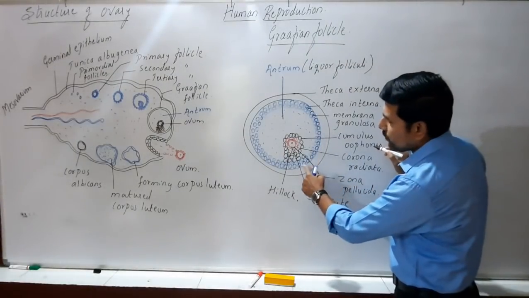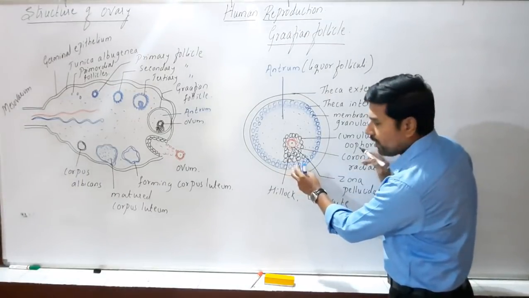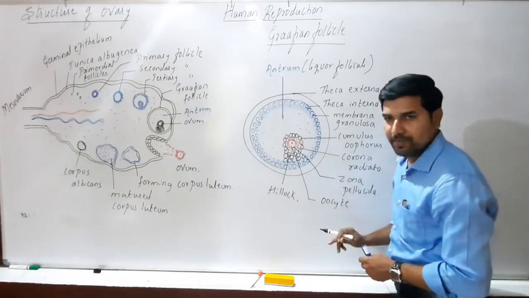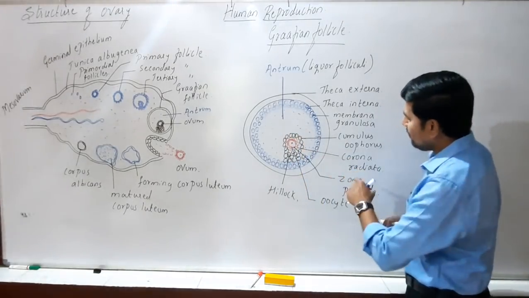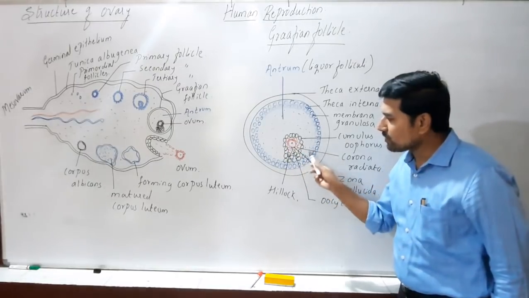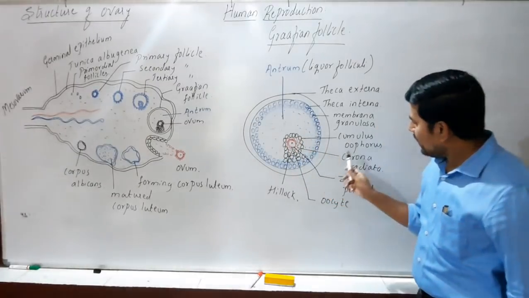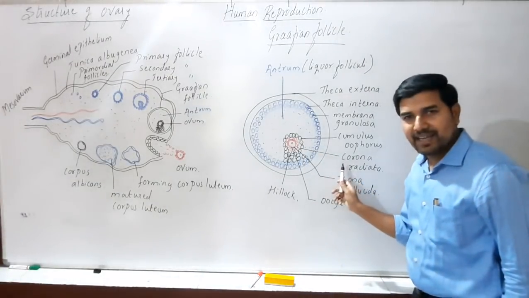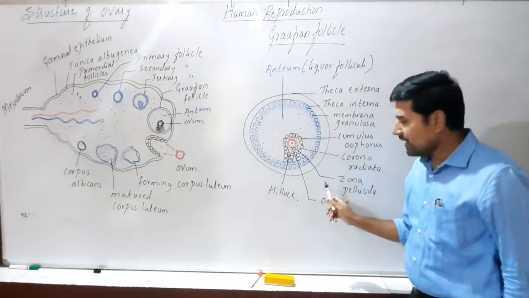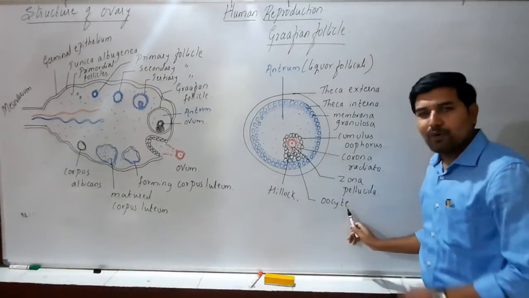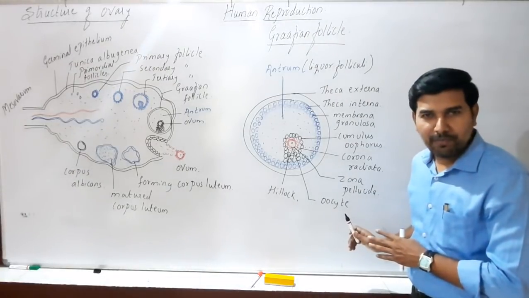Now these membrana granulosa cells at one point form a heap-like structure called the hillock that surrounds the ovum. The outer cells we call the cumulus oophorus cells, which surround the outer part of the ovum. Below the cumulus oophorus cells we observe the corona radiata cells. Below the corona radiata we have the zona pellucida, and inside this we have the oocyte or the ovum.